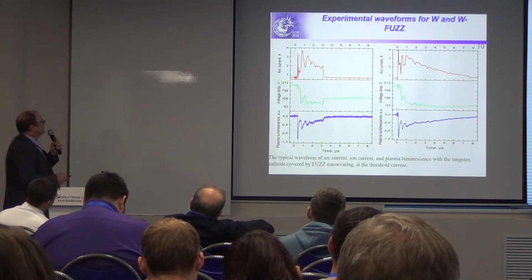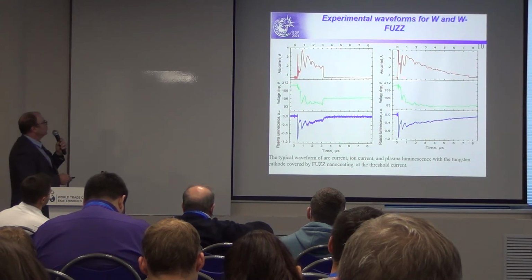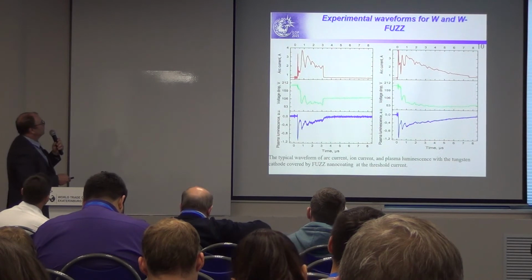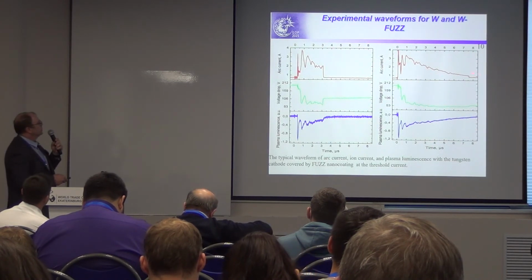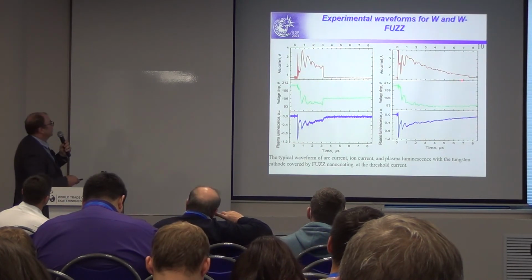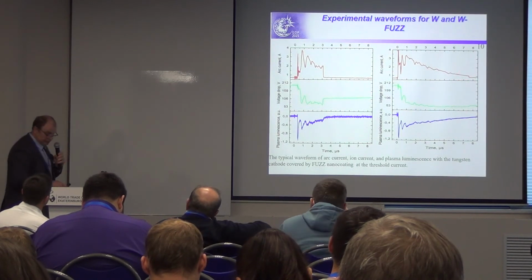And when the vacuum arc operates on the coated surface, there is a very small threshold current, the current of chopping of the vacuum arc discharge.